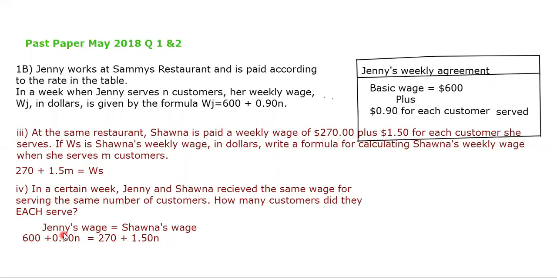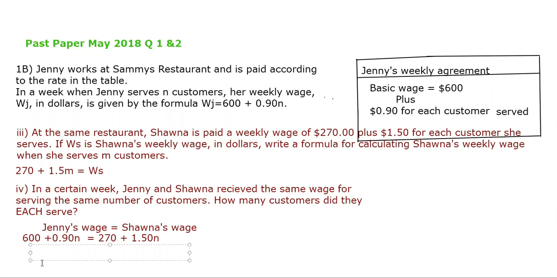Good? Now we put the like terms together. So this would go with this. Let me work it out right here. So of course, whichever way you want to put it, it doesn't matter. It will give you the same answer. Good?